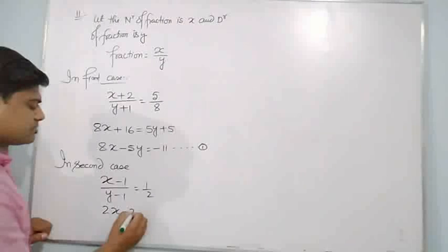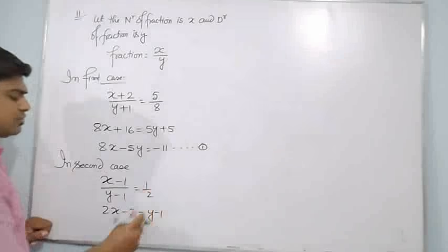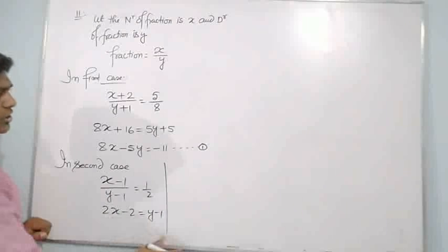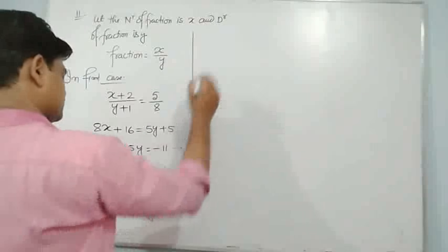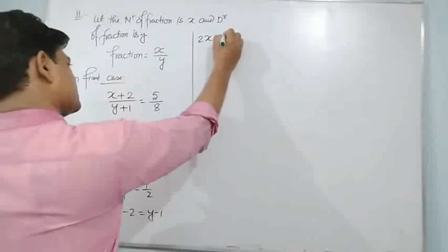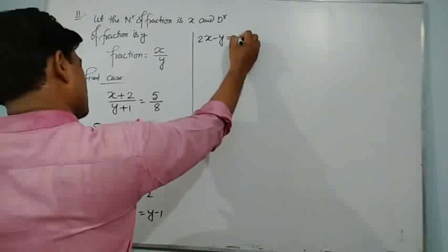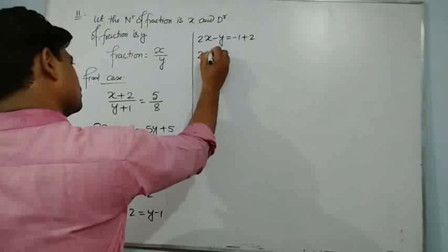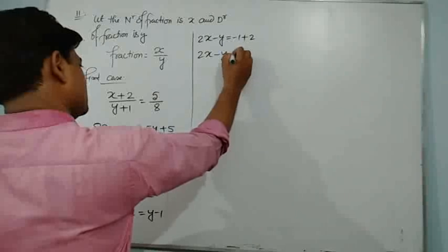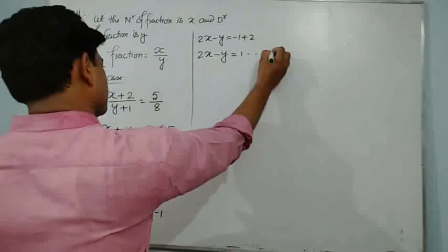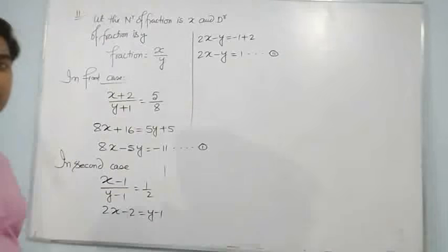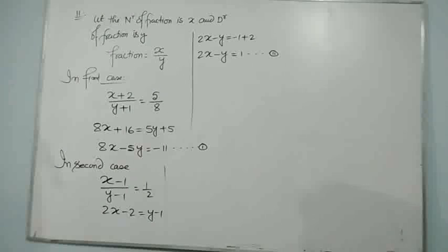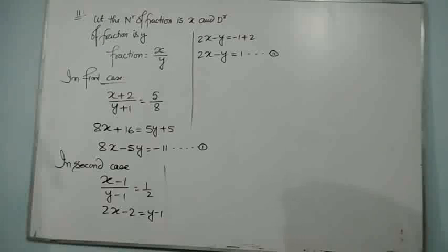It is 2x minus 2 is equal to y minus 1. Transposing all these things, 2x minus y is equal to minus 1 plus 2. So 2x minus y is equal to 1. This is equation number 2. Now we have to solve these two equations. What should I do?